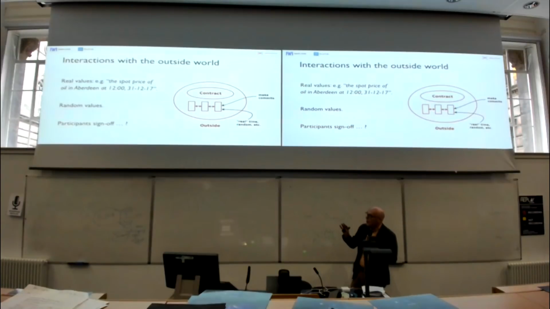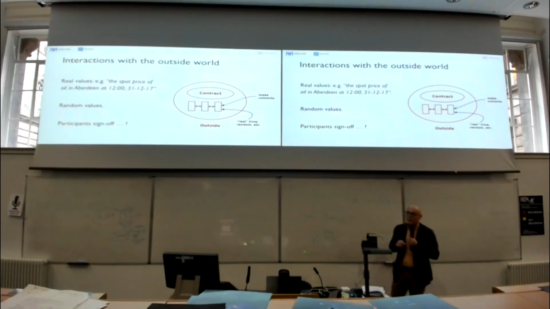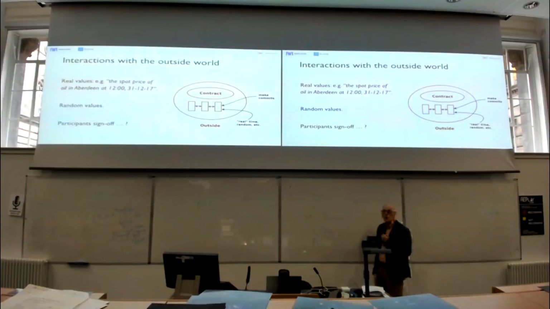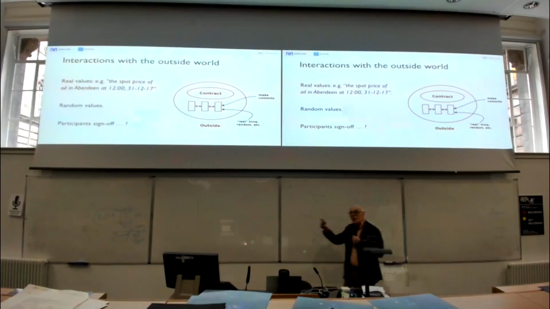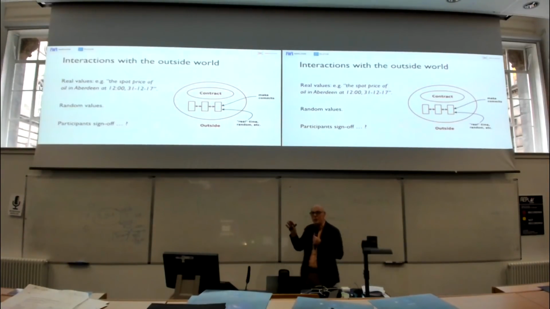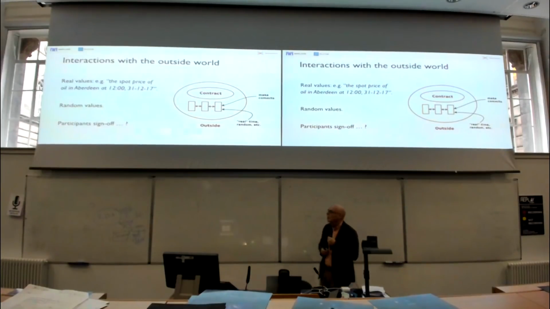One simple way of thinking about it is that you can model an observation simply as a value that has a signature agreed by every participant in the contract. In the end, that's what it will have to be. Whatever mechanism you use, it has to be a mechanism trusted by all participants. So just saying to participants, you must sign this off in some way, is not a bad approximation of reality. But I'm not going to say much more about it.